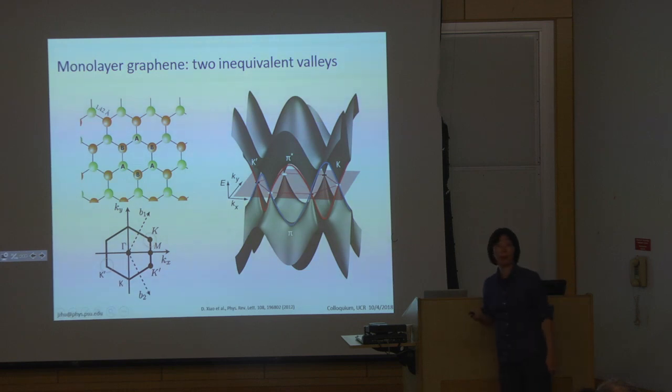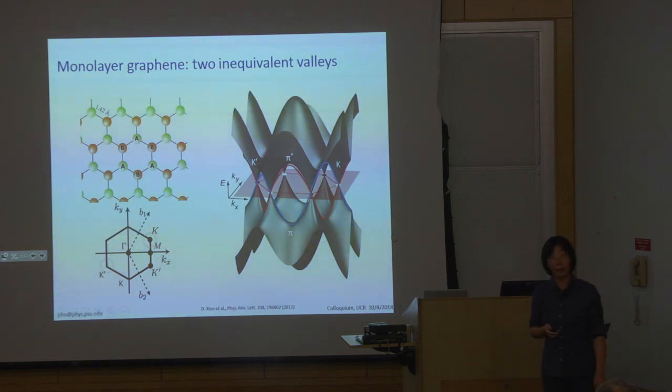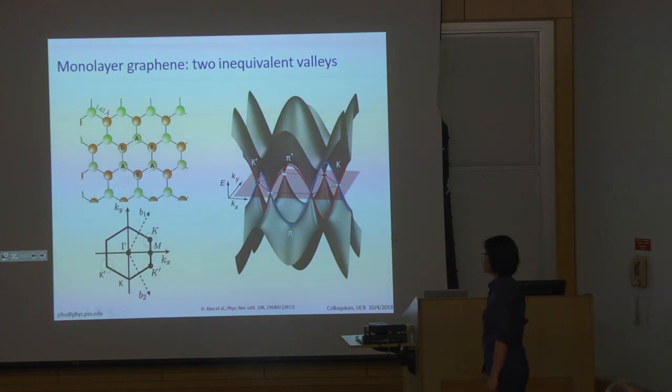And the material we work with is graphene, more precisely bilayer graphene. So you probably have seen this, I don't know, 100 times now. By now, everyone recognizes the lattice structure of graphene, the honeycomb lattice structure, the two sublattices, the hexagonal Brillouin zone.